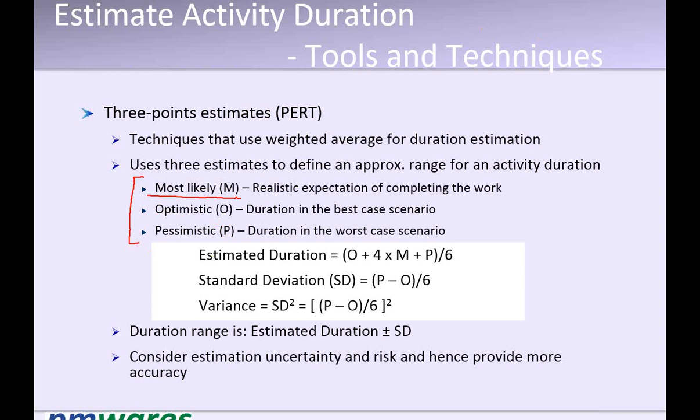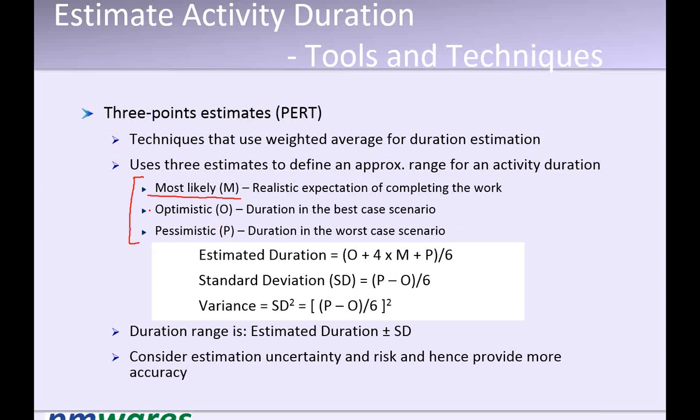Suppose you think of two or three things which can go wrong on this activity, but now assume none of this is going to happen. Your activity will happen without any problem. That is optimistic. Then we go to the pessimistic. Now you consider that whatever can go wrong on this activity will go wrong. Whatever risk you have identified will materialize. So you look at the worst condition and estimate how much time it will take.